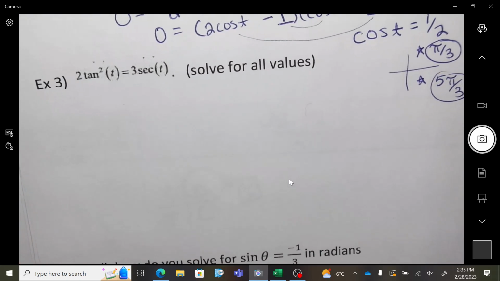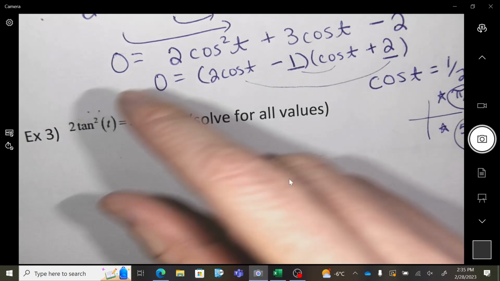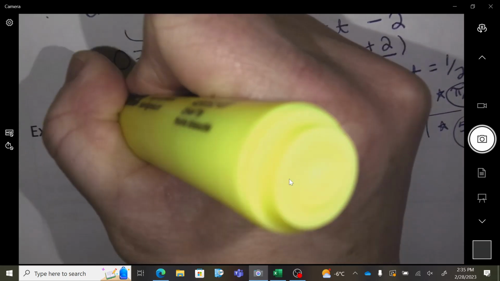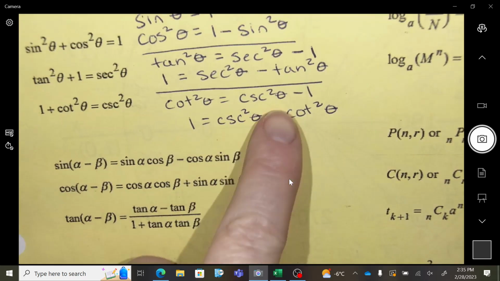Okay, the last one here. Which are you going to replace? Is there a replacement for tan squared or secant? And you know what the hint is? The squareds.